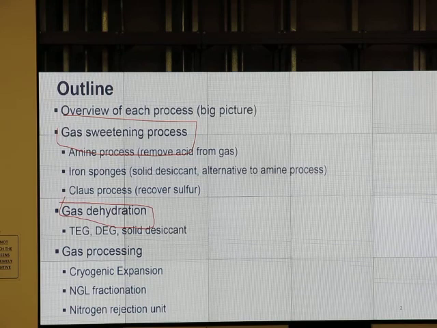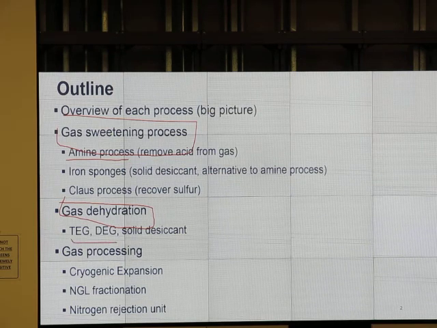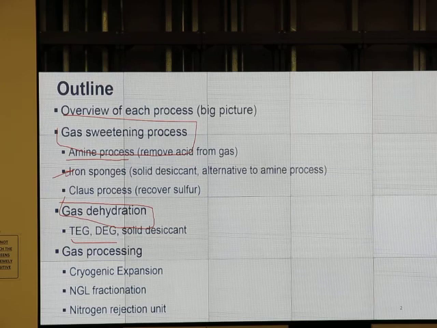The amine process is for gas sweetening, to remove acid gas. The glycol process is for dehydration, to remove water. Got it? Of course, there are other important processes too, but the main things are gas sweetening and dehydration: the amine unit and the glycol unit.